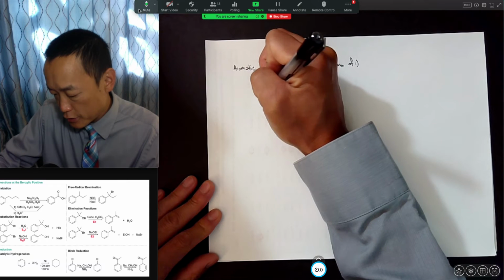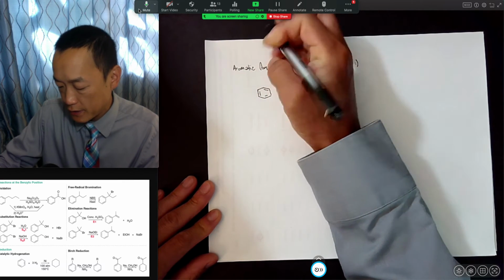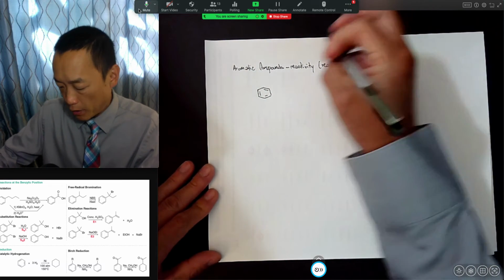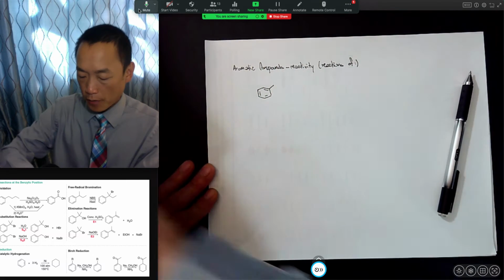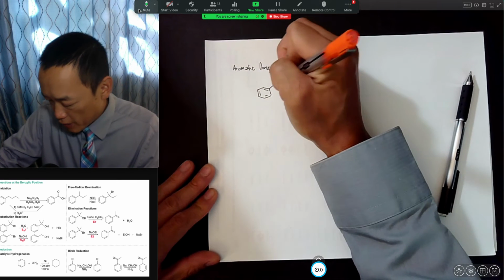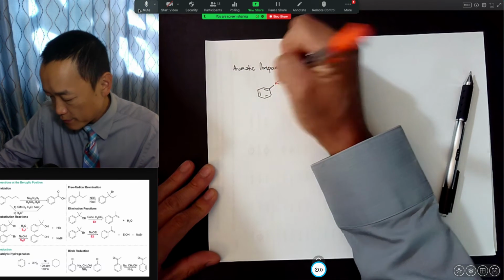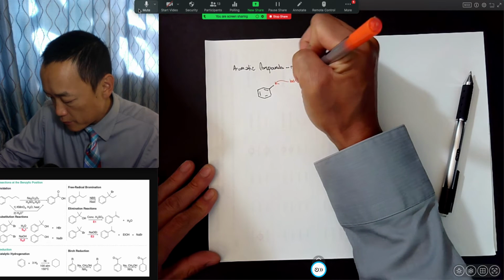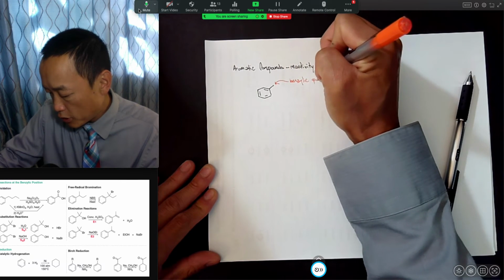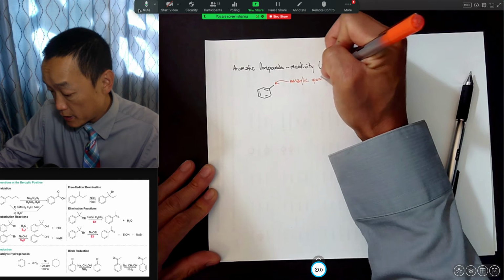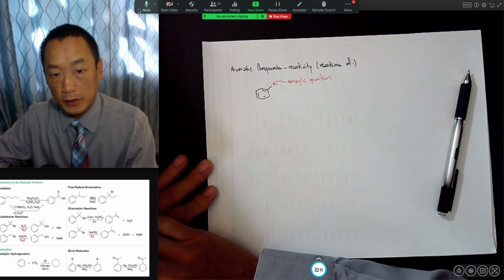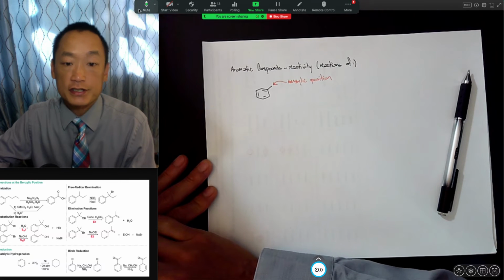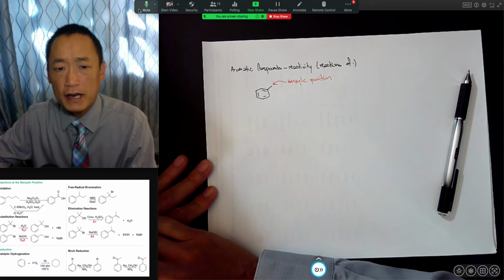And so aromatic compounds, we're just going to use this benzene ring as our representative aromatic compound. What I want to say is there are positions right here, which is called the benzylic position, and at this position right here there are a slew of reactions that will take place, reactions that you've truly seen before.